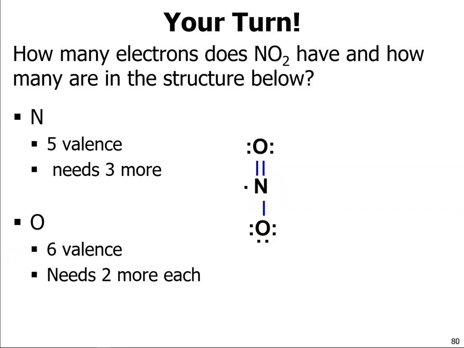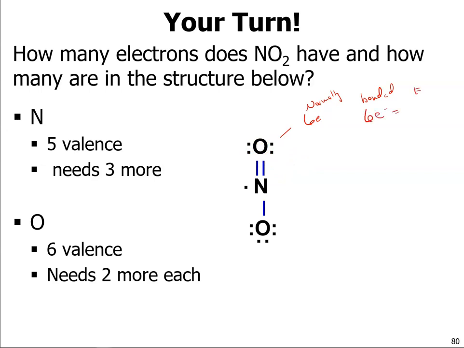Now let's do the formal charge accounting again with the oxygen. Normally we have 6 electrons, and bonded, what do we have here? So here we have 1, 2, 3, 4, 5, and 6. When we're determining the formal charge, we only take half of the electrons in a bond. So 1, 2, 3, 4, 5, and 6. So bonded, this also has 6 electrons.